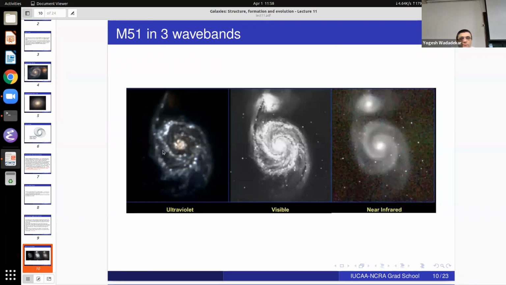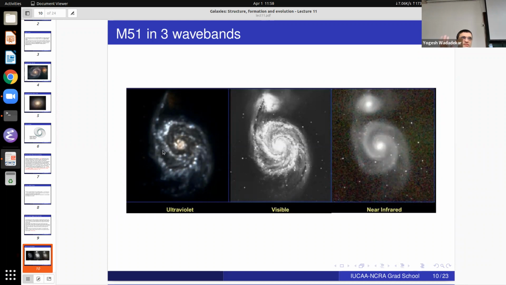So this is M51 in 3 wavebands: ultraviolet, visible, and near infrared. In the ultraviolet, you can see the spiral arms very, very clearly. You can even see the individual OB associations. This is because, of course, these hot blue stars emit strongly in the ultraviolet, and that is why they're very bright.